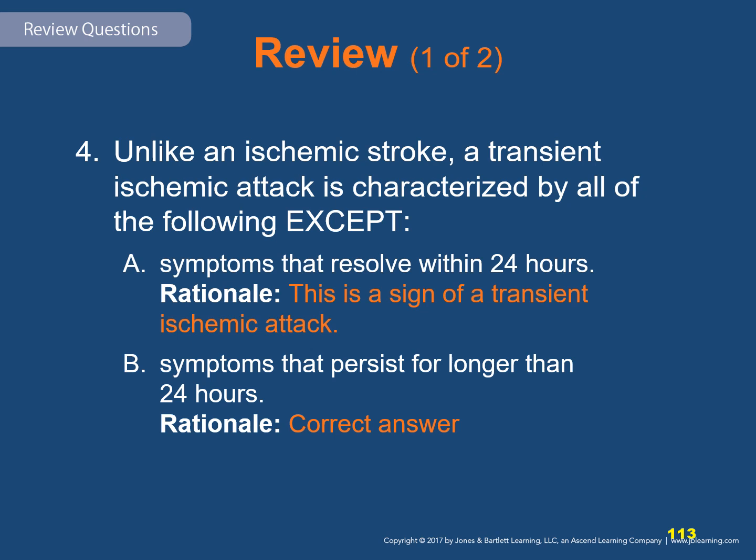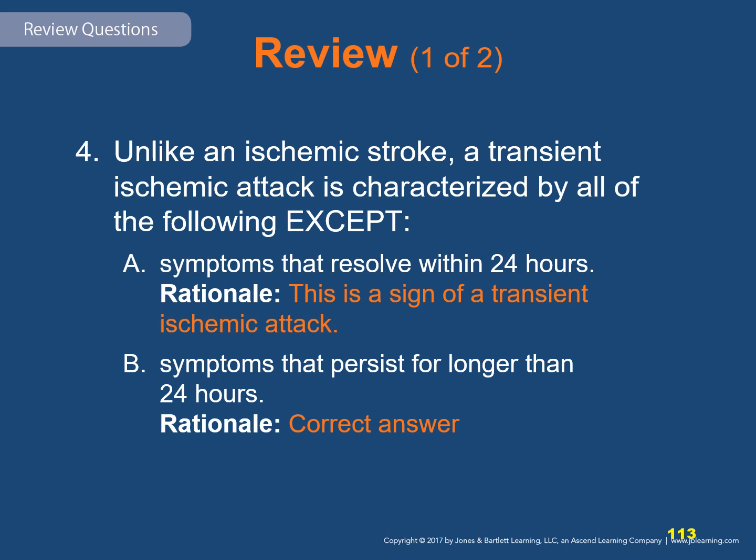So to review, unlike an ischemic stroke, a transient ischemic attack is characterized by all the following except A, symptoms that will resolve within 24 hours. That is actually a hallmark of TIA, or transient ischemic attack. So that one's actually correct.